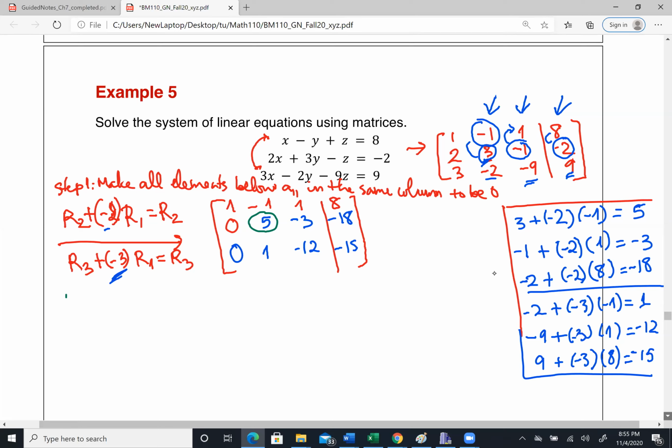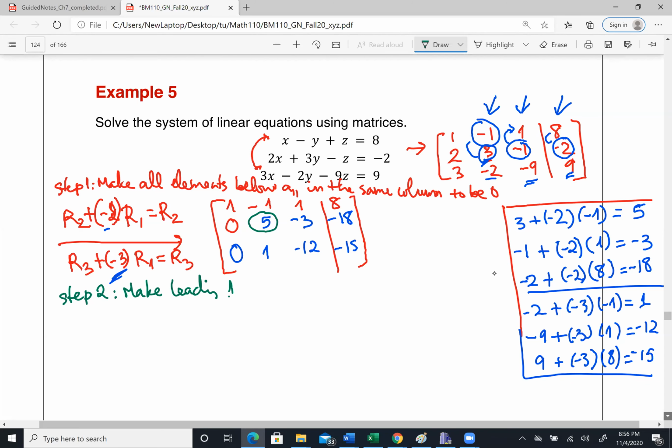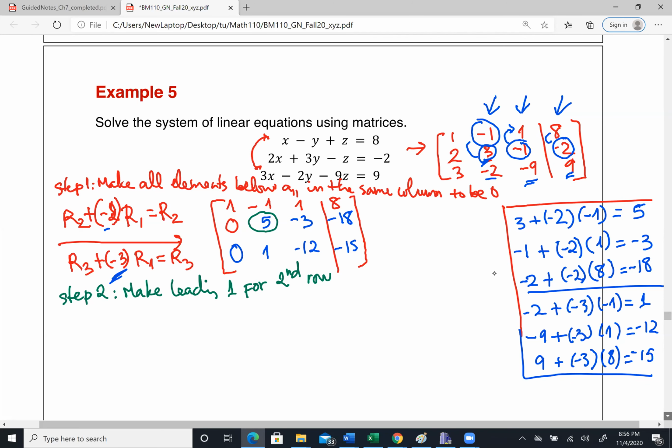Okay, so step 2, make leading one for second row, right? So how can I do that?